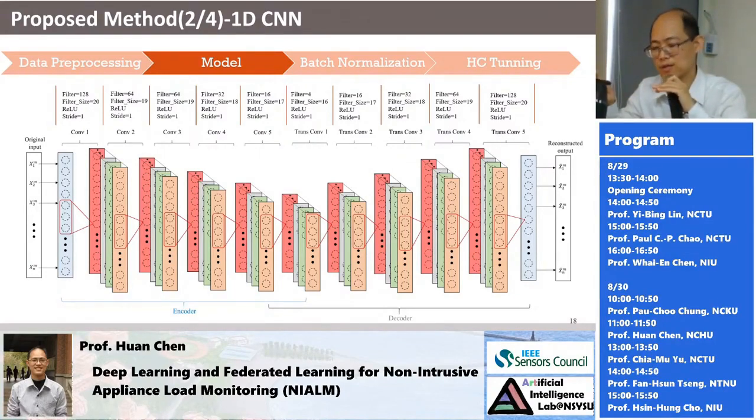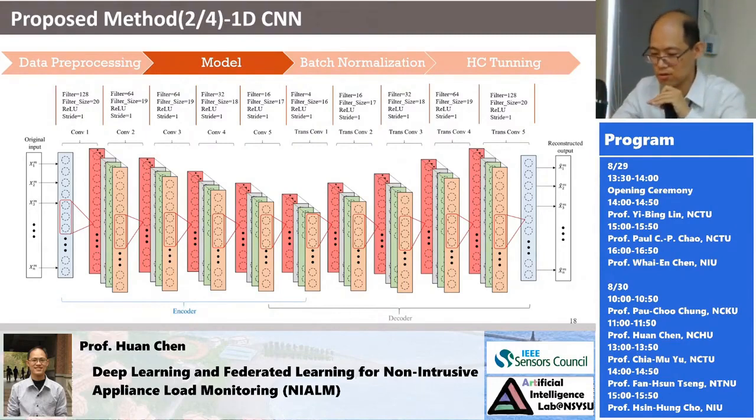We also applied the one-dimensional CNN to our ECG data, which means that for any kind of time series data, you can apply the 1D CNN to extract the features occurring in your signals.